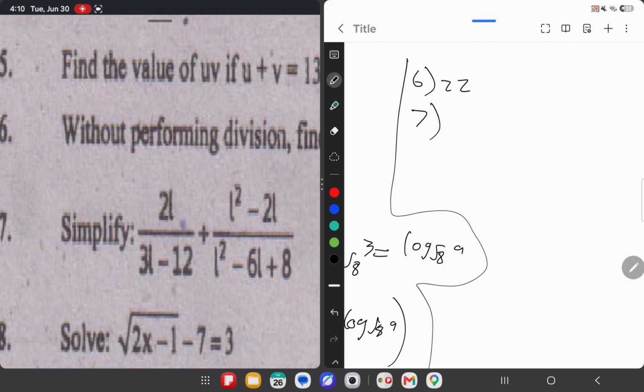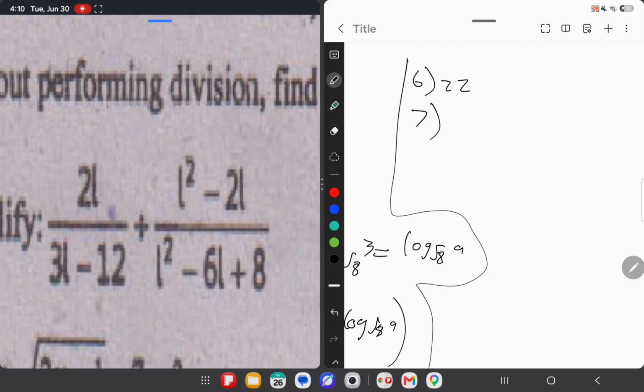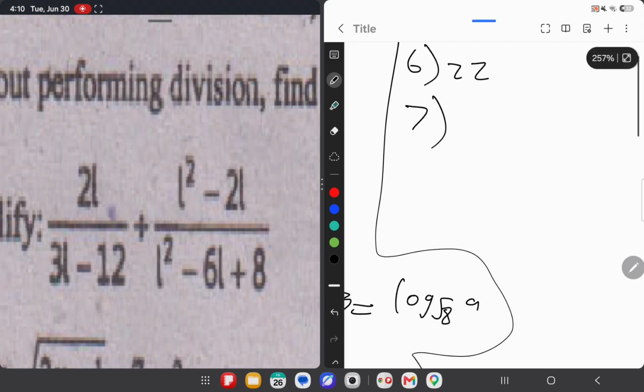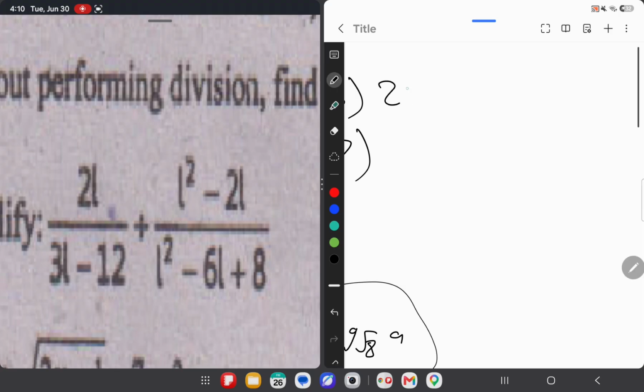Simplify this expression. 2l over 3l minus 12 plus l squared minus 12 plus l squared minus 6l plus 8. So we get this polynomial down here. Let's simplify this polynomial. 8 can be 1 and 8, negative 1, negative 8, negative 2, negative 4.